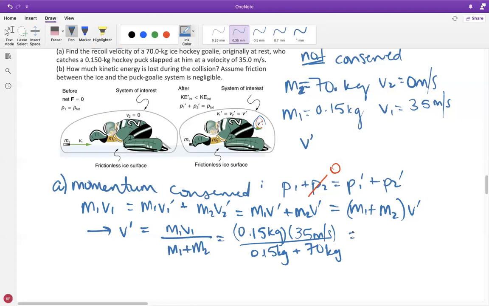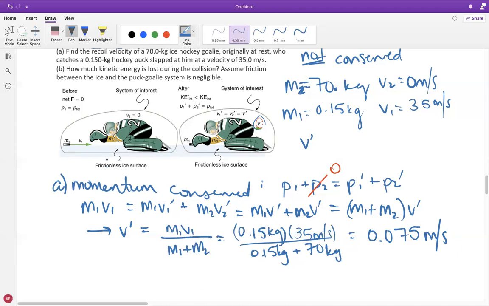You can go ahead and plug that into your calculator, and you should get a velocity of 0.075 meters per second.